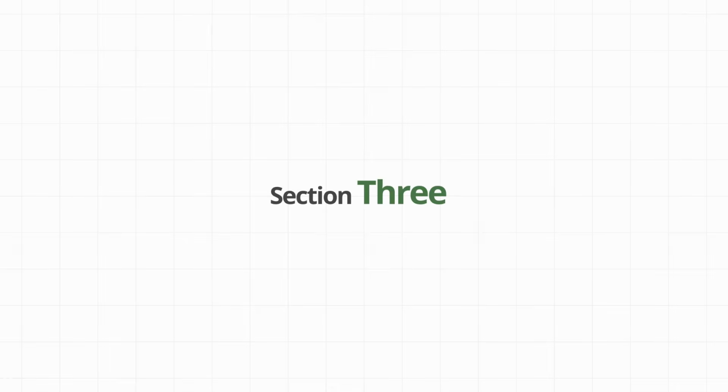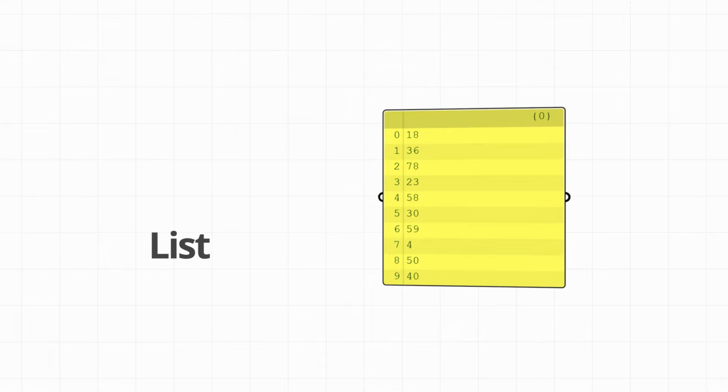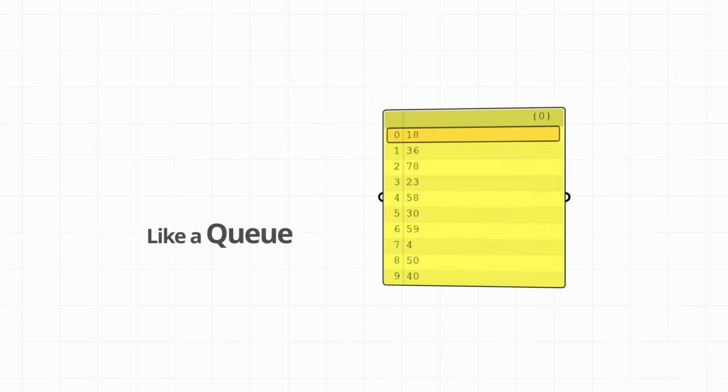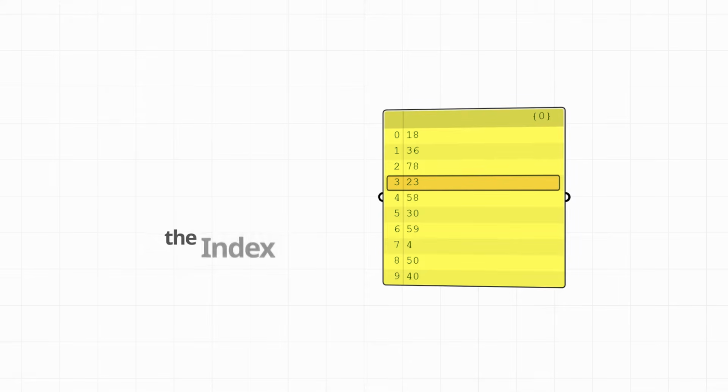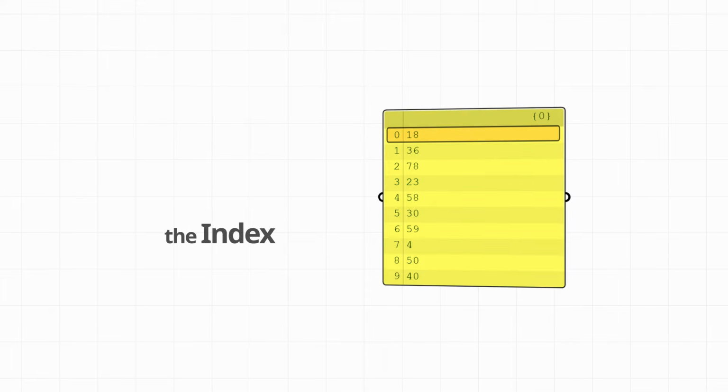Section 3, what is a list? Now that we understand data always lives inside a structure, it's time to get familiar with the list. A list is very simple. You can think of it like a queue. Everything inside a list has a specific position. We call this position the index. In Grasshopper, the index starts at 0.